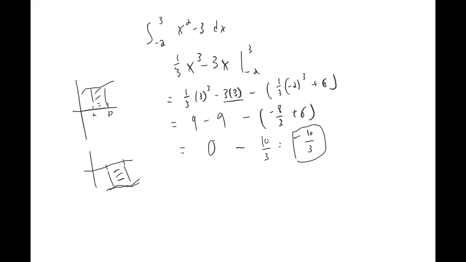Let's continue. Not necessarily, right? I mean, I can ask this, in which case you would evaluate it, but you have the law that the integral from a to b is negative the integral from b to a.